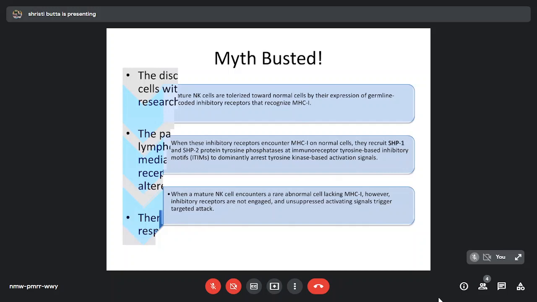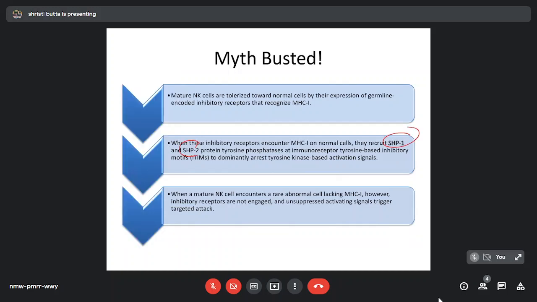So, when a mature NK cell encounters a rare abnormal cell lacking MHC class 1, inhibitory receptors are not engaged, therefore, no recruitment of SHP1 or SHP2, and that causes unsuppressed activating signals that trigger an attack on such cells which lack MHC class 1. So it was particularly important that these cells lacking MHC class 1 could not recruit SHP1 or SHP2, and that in turn led to their killing. Yes, it was busted.